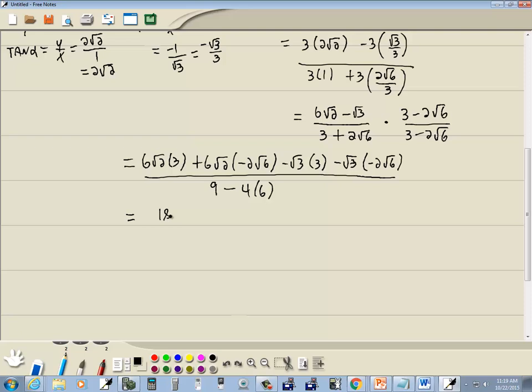So that's going to give us 18 square root of 2. 6 times negative 2 is negative 12, and then 2 times 6 inside the square root. Minus 3 square root of 3. Negative times a negative is positive 2. And then square root of 3 times square root of 6 gives us square root of 3 times 6. Over 9 minus 24.